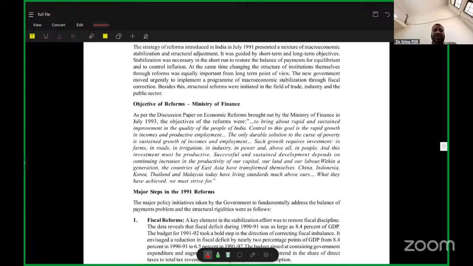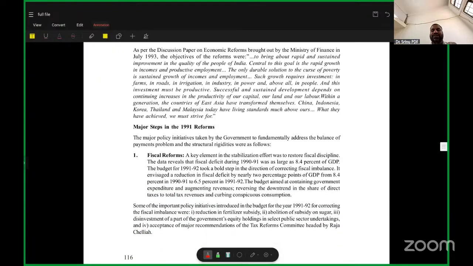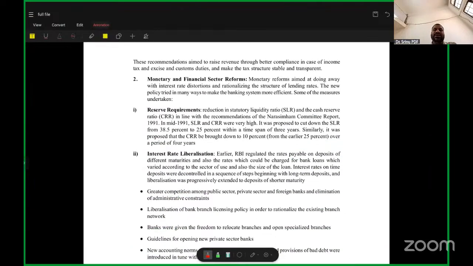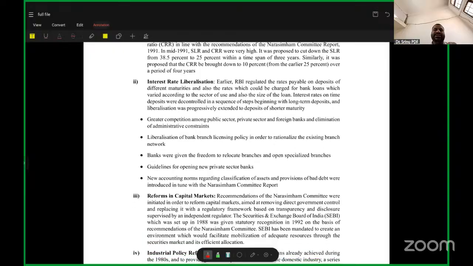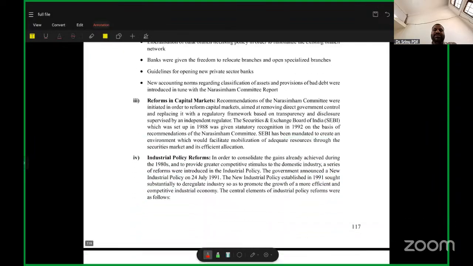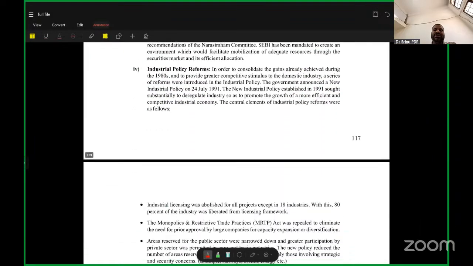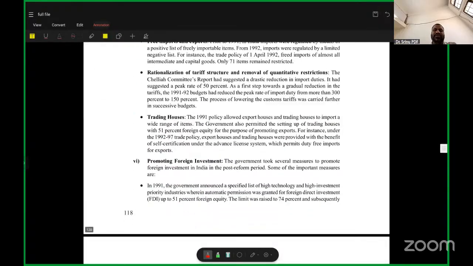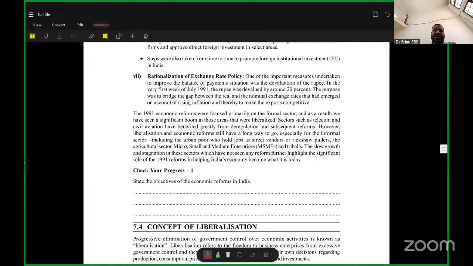After that, the major steps taken in the 1991 reform were fiscal reforms, monetary and financial sector reforms, reserve requirements, interest rate liberalization, reforms in the capital market, and industrial policy reforms. All of these were undertaken by the government of India after 1991.